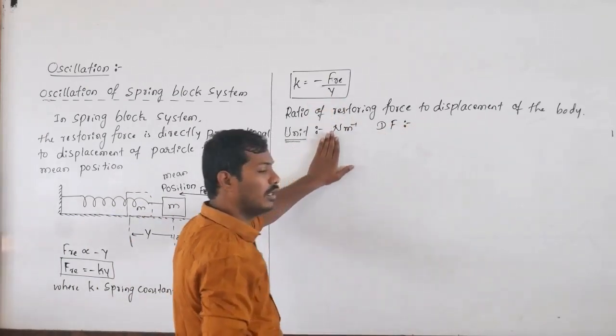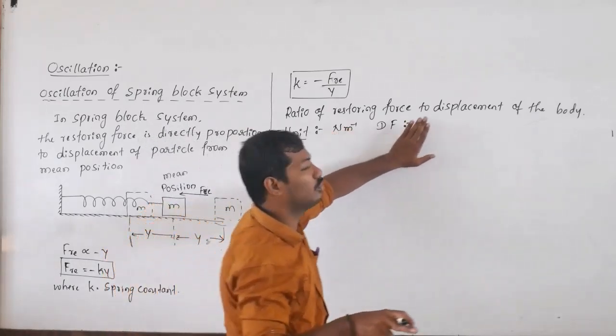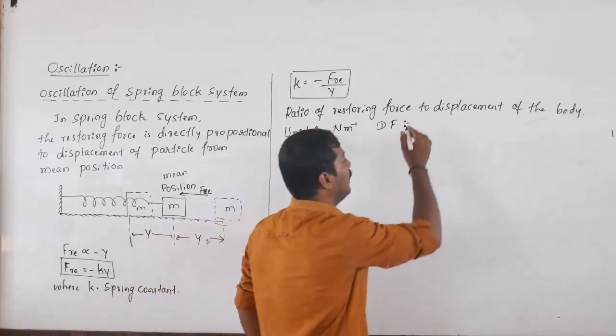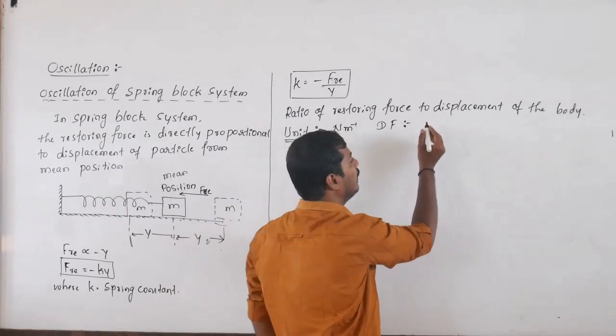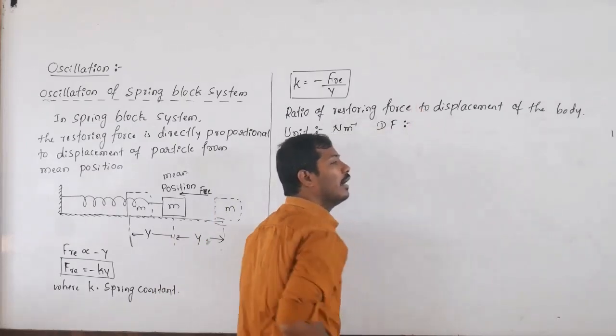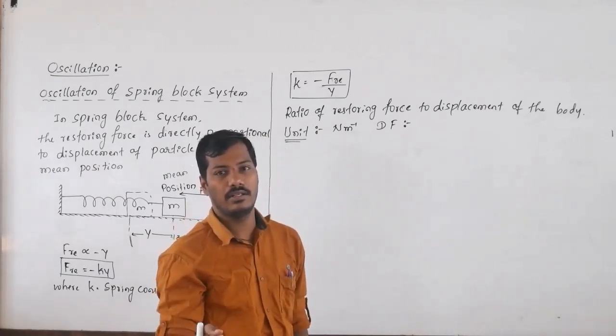Newton is nothing but a force. That force is F equals m into a, that is mass into acceleration. Mass in terms of kg is there, and acceleration is meter per second square.